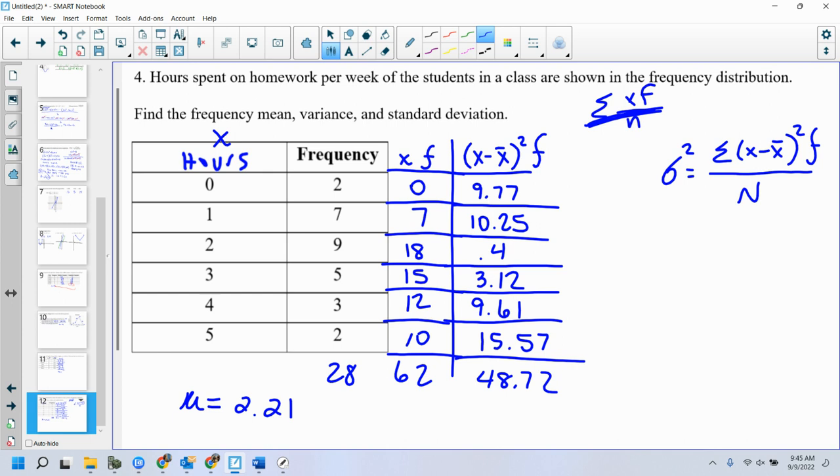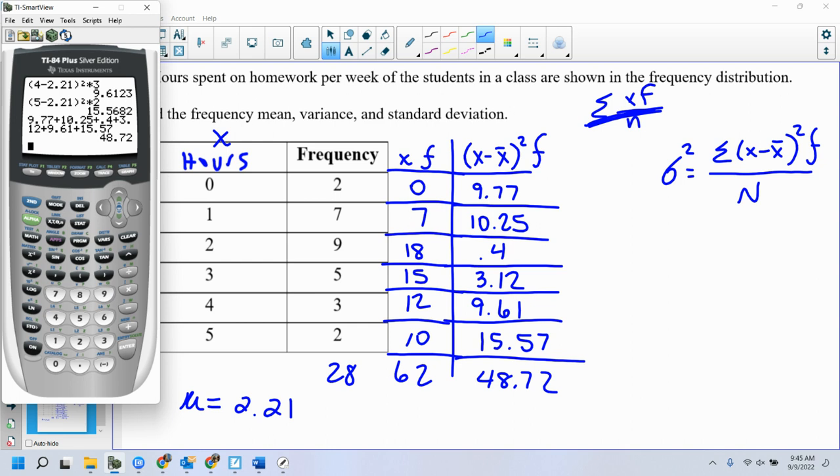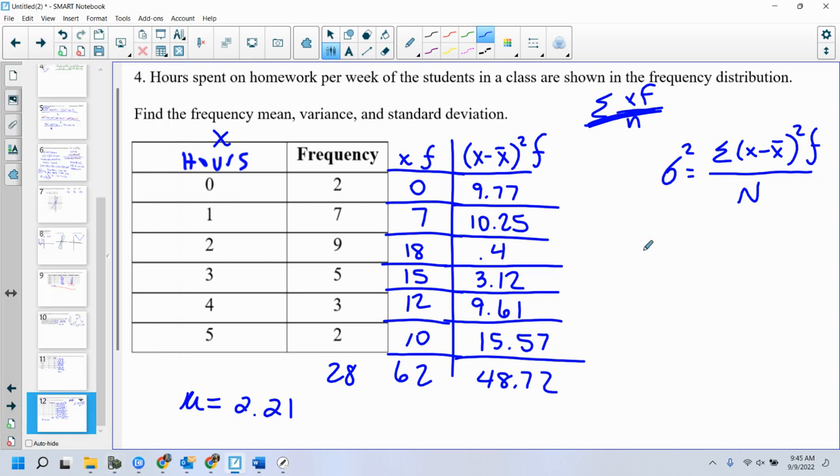I did my key wrong; I did this as 4 instead of 0.4. Okay, and now we take the sum of the deviation squared times frequency, that 48.72, and divide it by my n, which in this case, again, is the frequency, the 28. Not 27, but 28.